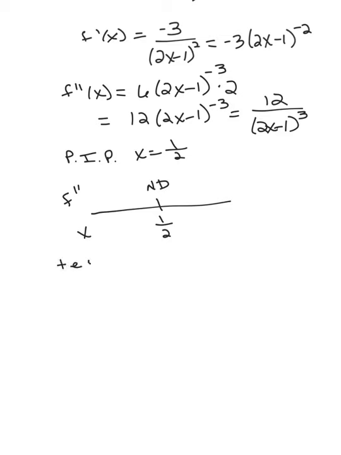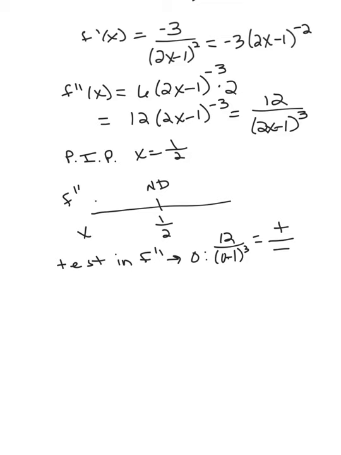So now we're going to test in the second derivative, and let's do 0. If we put 0 into that second derivative, we will have 12 over 0 minus 1, which we are cubing. Well, the numerator's positive. The denominator, you're going to have -1 to the third power, which will be negative.